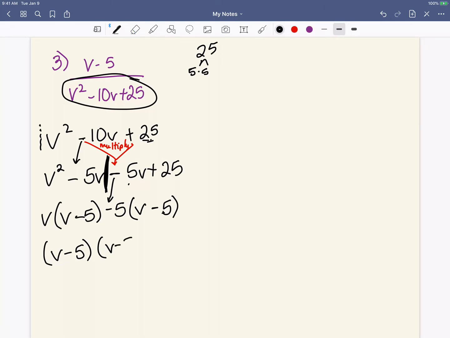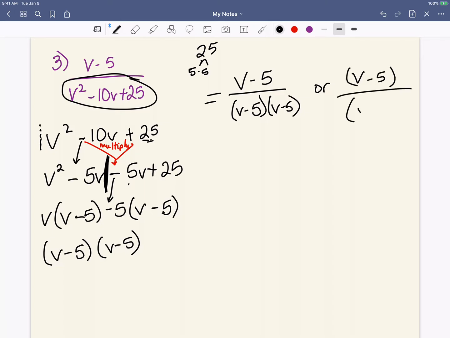So it's actually both v minus 5. Now when I write that, there's two ways you can write it, depending on how the platform you're using is asking for the answer. You can see it as that, or as v minus 5 over v minus 5 squared. Both of these are the same.